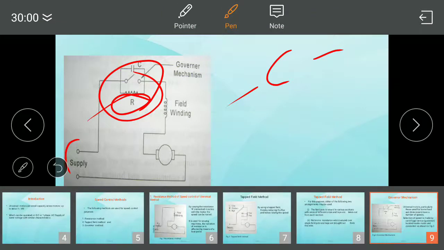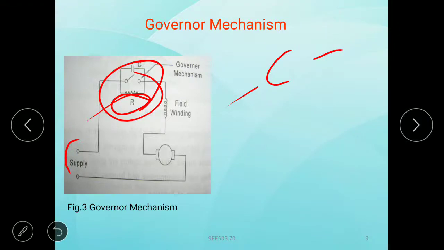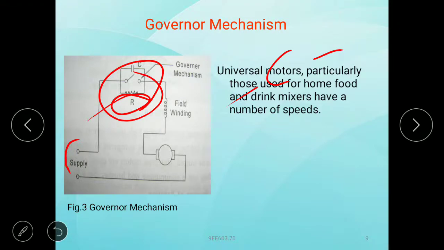Now see here, universal motors, particularly those used for home food and drink mixers, have a number of speeds. So these are very important applications.